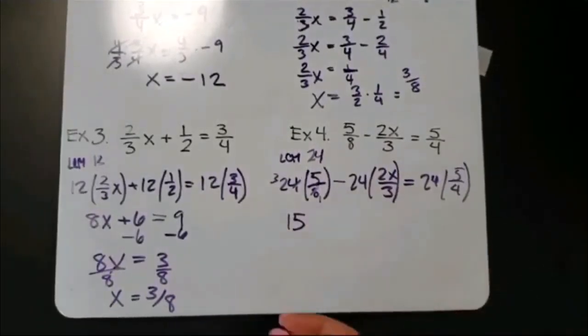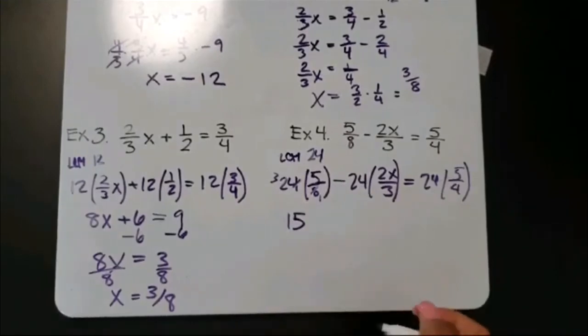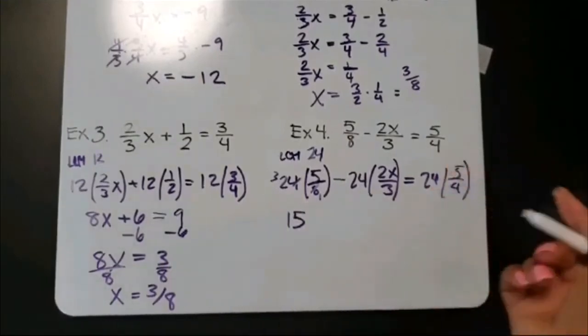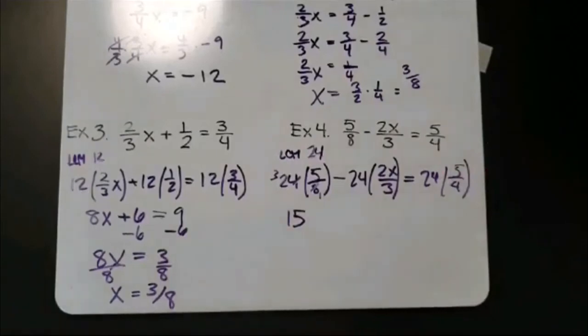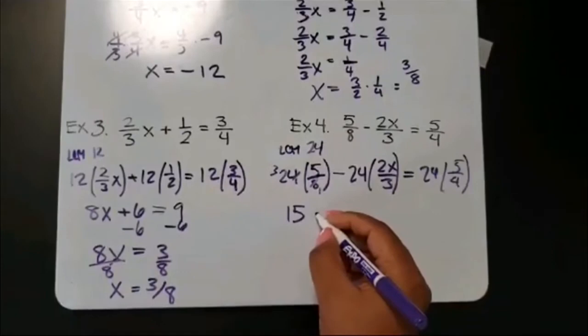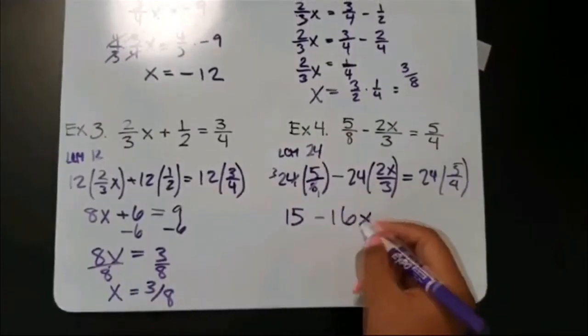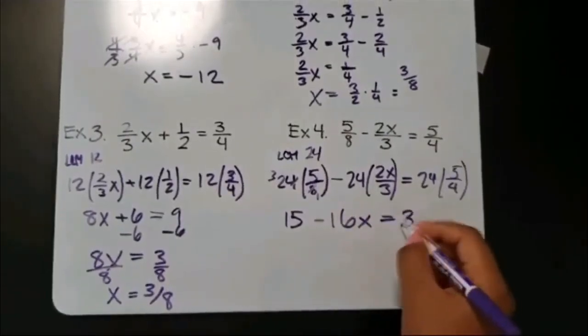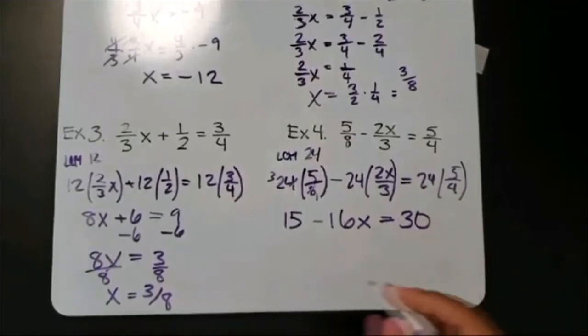All right. However you choose to simplify it, put it in the calculator, do it in your head, as long as you get the correct answer. So we will have 15 minus 16x equals 30.